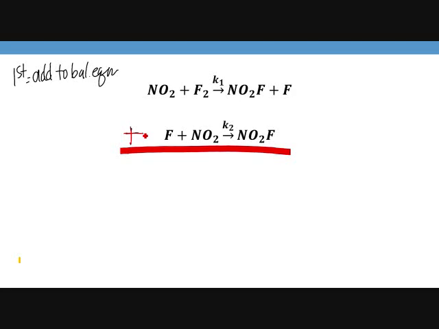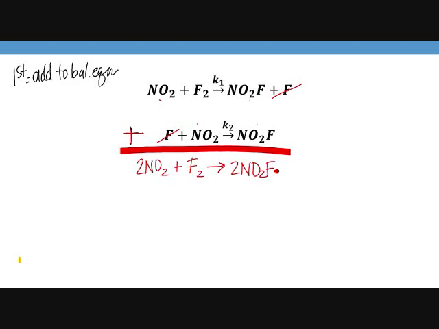The only thing that I see that can cancel is the lone fluorines, and nothing else cancels. So the two NO2s will add together. So 2NO2 plus F2 makes 2NO2F.